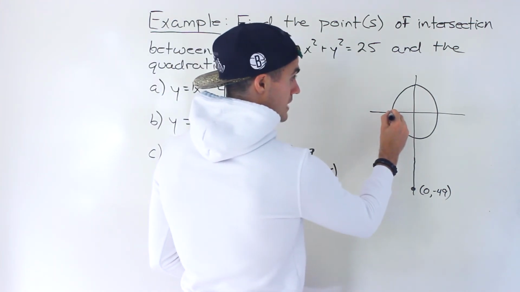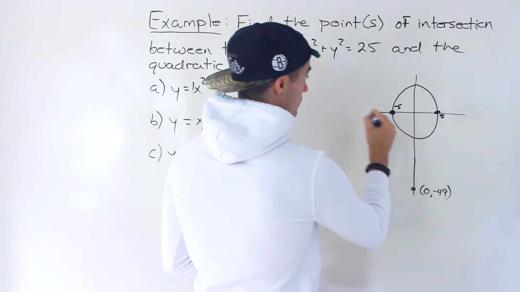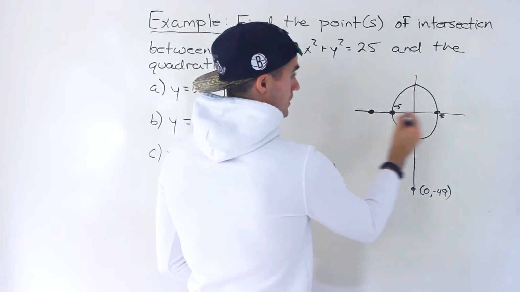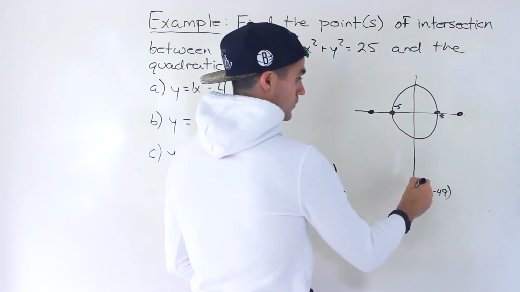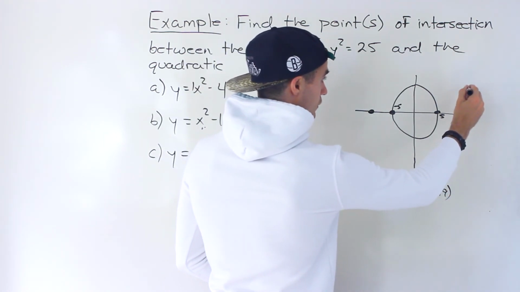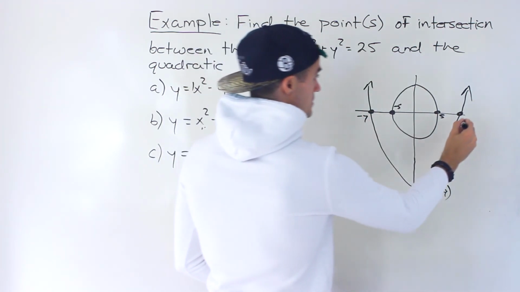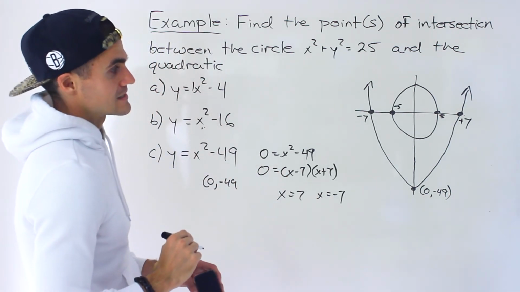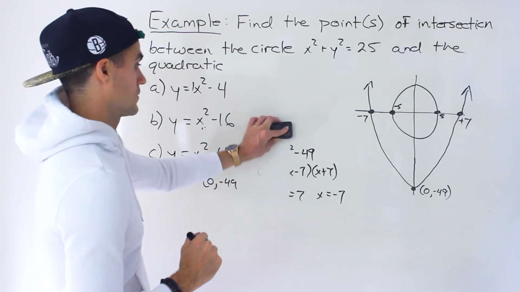Well, if these x-intercepts are at negative 5 and positive 5, right, this circle, same circle we've been dealing with, well, notice negative 7 is going to be here, positive 7 is going to be out here. So when we connect the vertex to those two intercepts, notice according to the diagram, it doesn't seem like this quadratic and this circle are going to intersect.